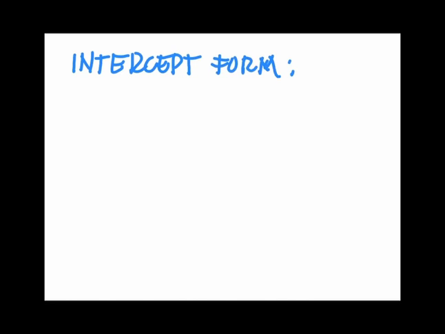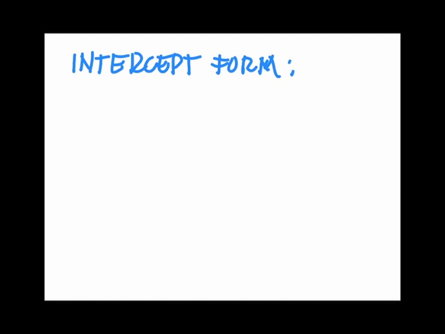Now, the intercept form of the line. So let me write here the intercept form of the equation of a straight line. Okay. Now let's illustrate this by sketching a line on the Cartesian plane.